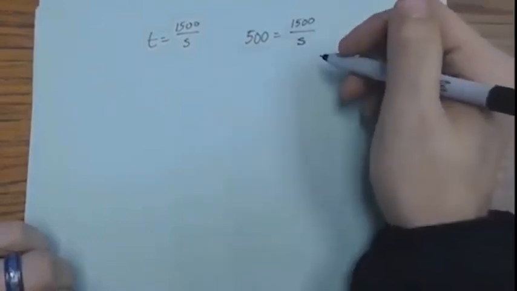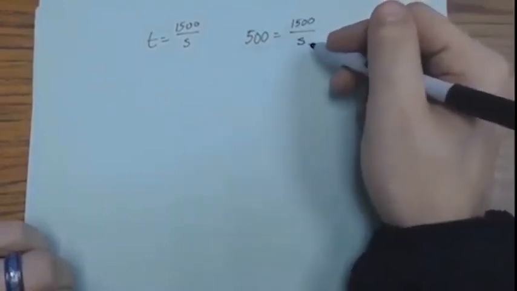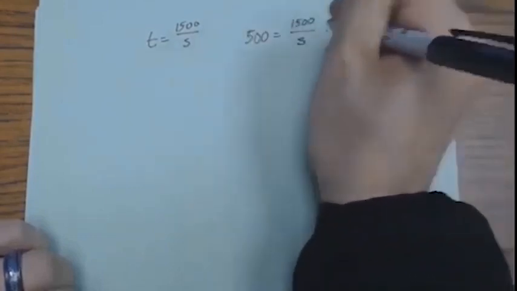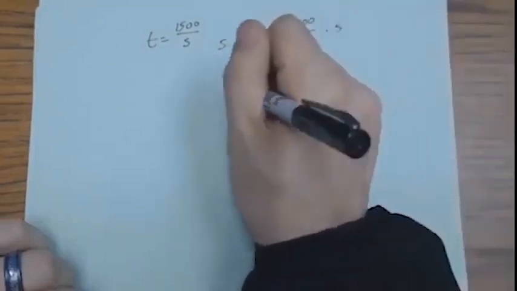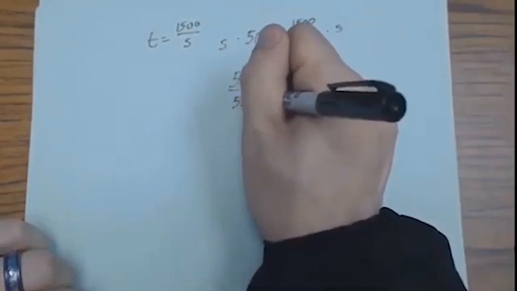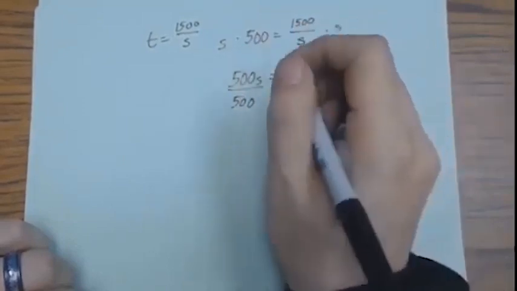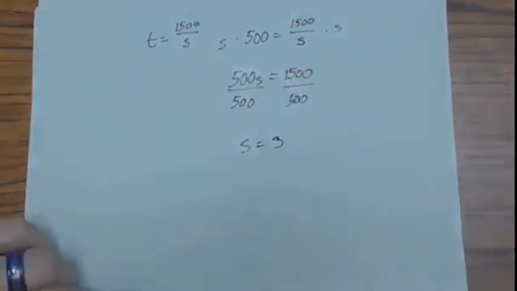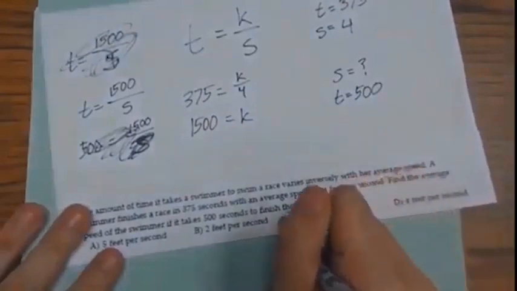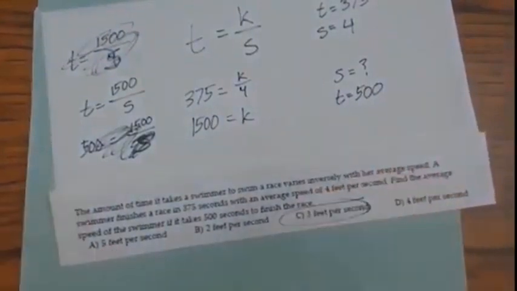So first of all, the S is on the bottom. Let's multiply both sides by S. 500S equals 1500, and now we can divide both sides by 500. S equals 3. 3 feet per second.